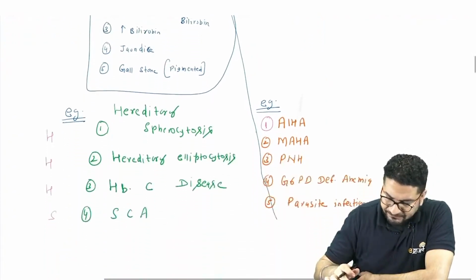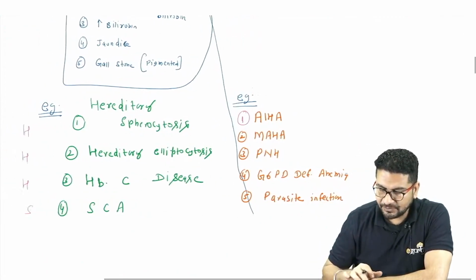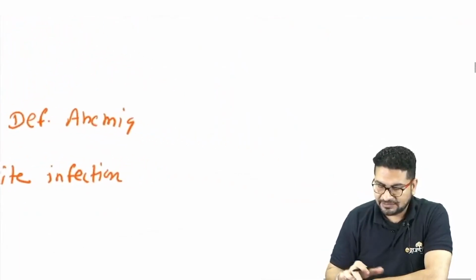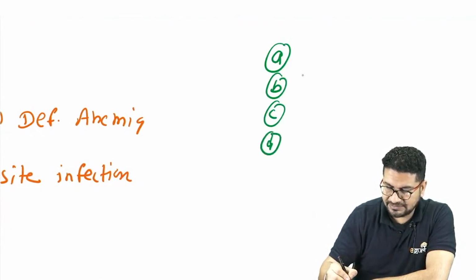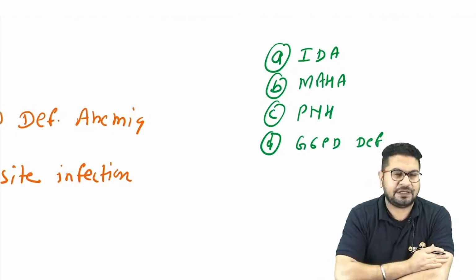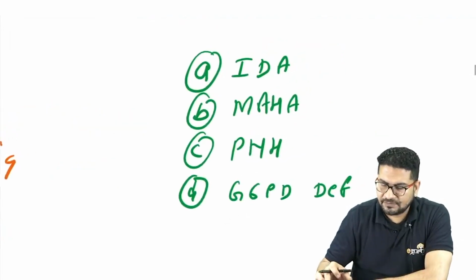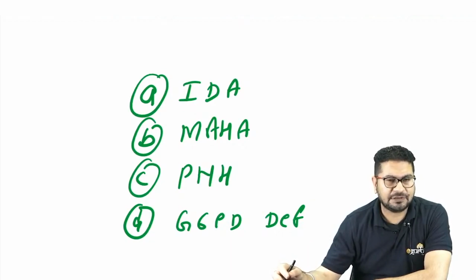Let us write this classification once again, because there is one question that they ask in the exam. I'll tell you a sample question. If I ask you, a 30-year-old female is having pain, pallor, jaundice, icterus. She is otherwise healthy but sometimes develops intermittent claudication.